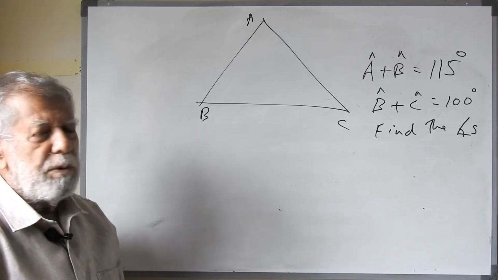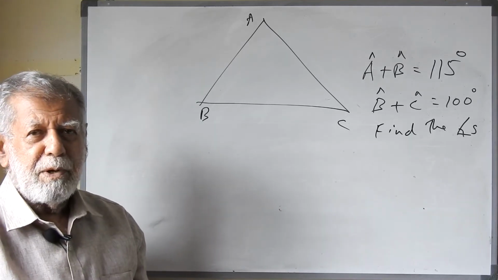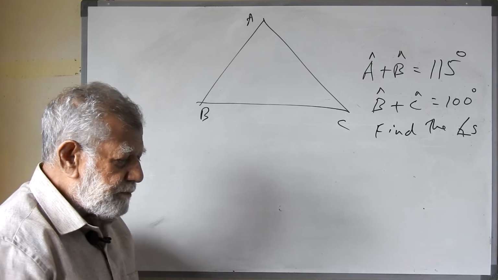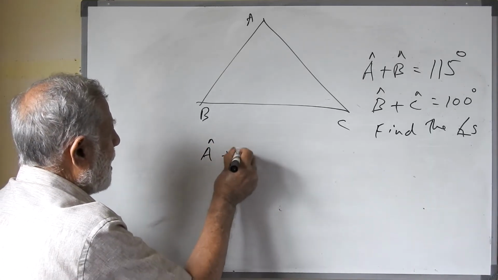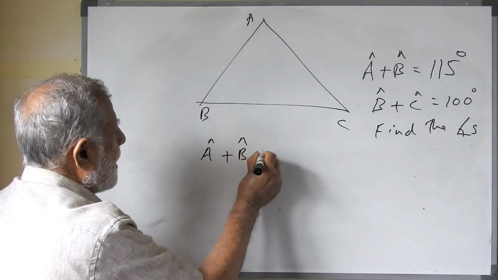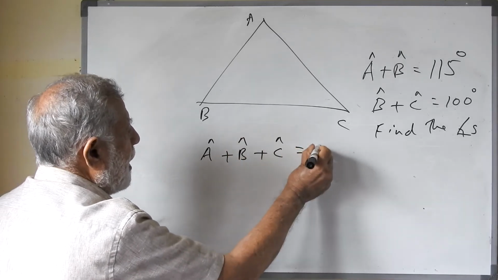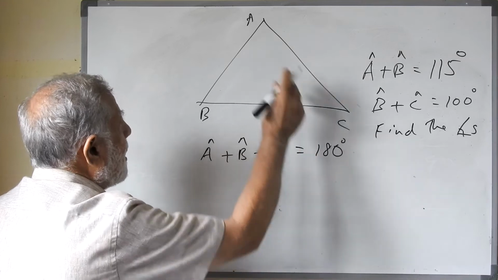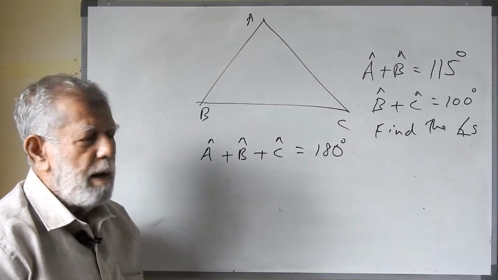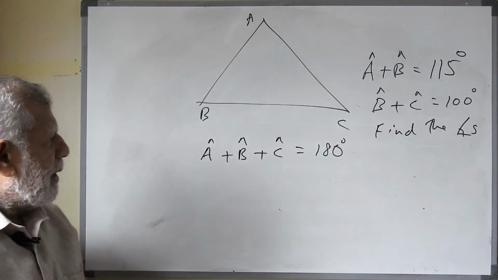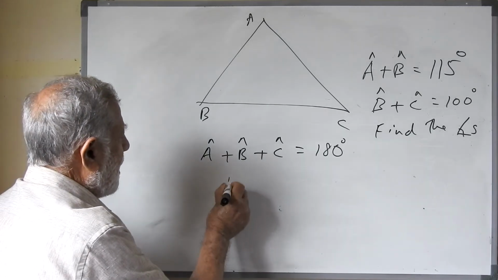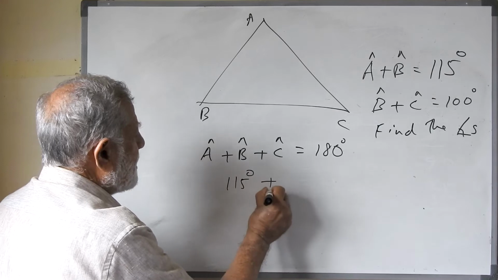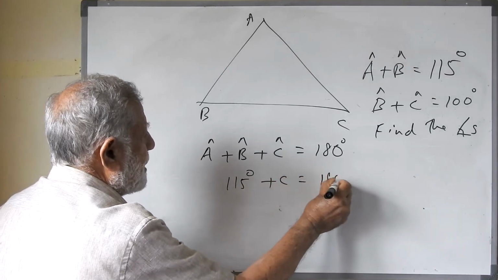So what we do is, we know that the angles of a triangle add up to 180 degrees. So we write the statement: angle A plus angle B plus angle C is equal to 180 degrees, that is, in the triangle, the sum of the angles is equal to 180 degrees. But A and B are given as 115. So we write down 115 degrees plus C is equal to 180 degrees.